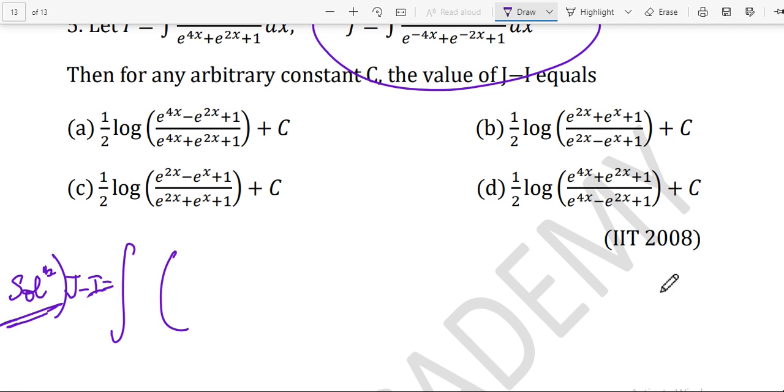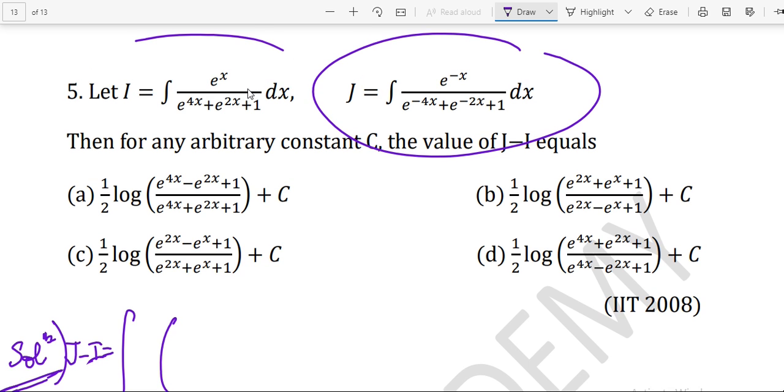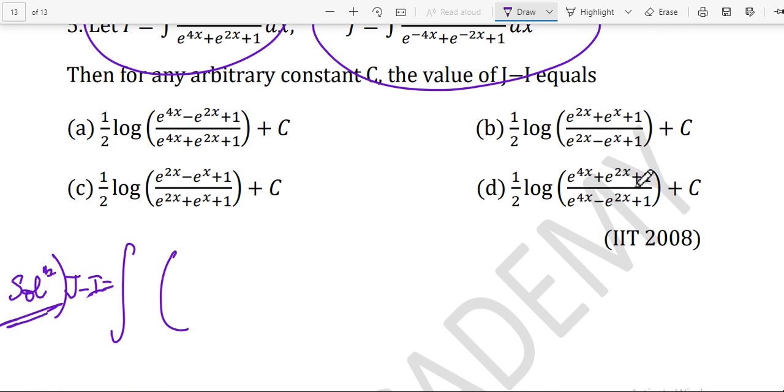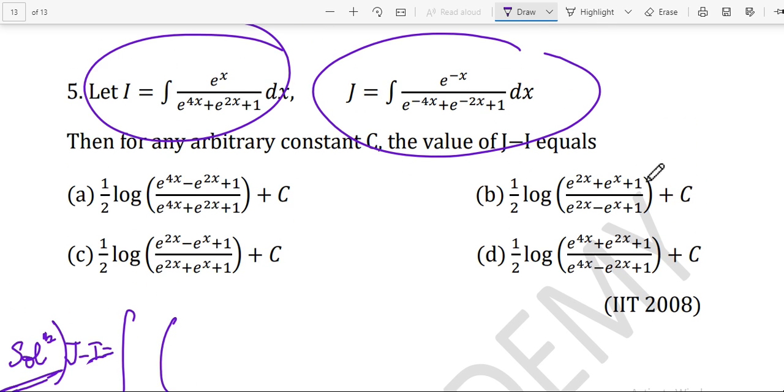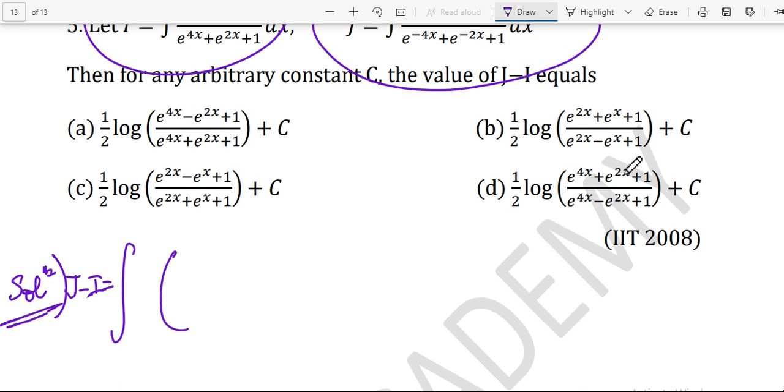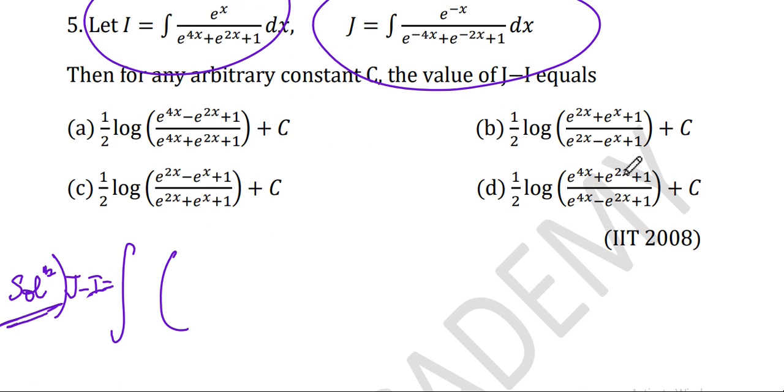Let I be the same, and whatever changes we have to do, we have to make in j: e to the power minus x divided by e to the power minus 4x plus e to the power minus 2x plus 1. Okay, so we have to make the denominator and the numerator e to the power 4x. So what shall we do? What shall we multiply?